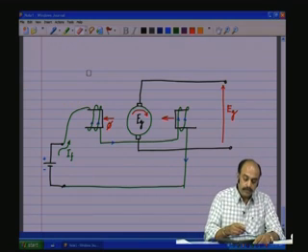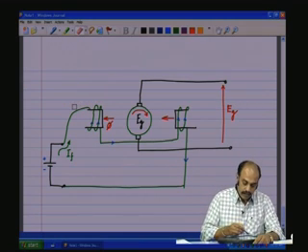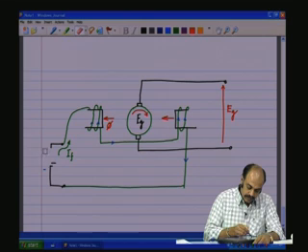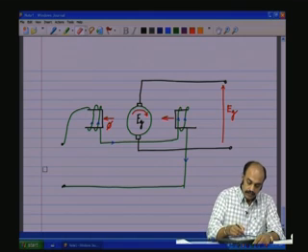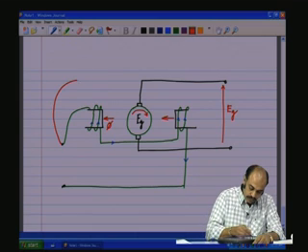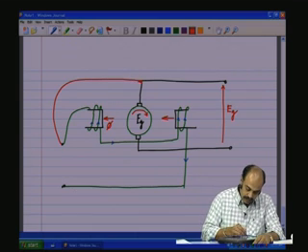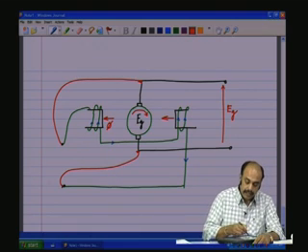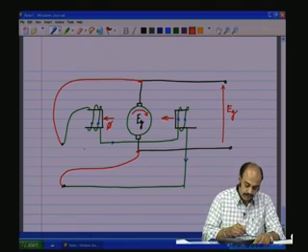Now, instead of taking the excitation from a separate source, let us take it from the generator output itself. That is, we connect this to the generator output itself, which means Eg is applied to this.